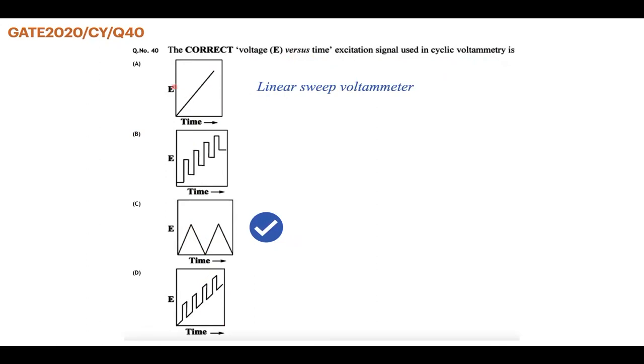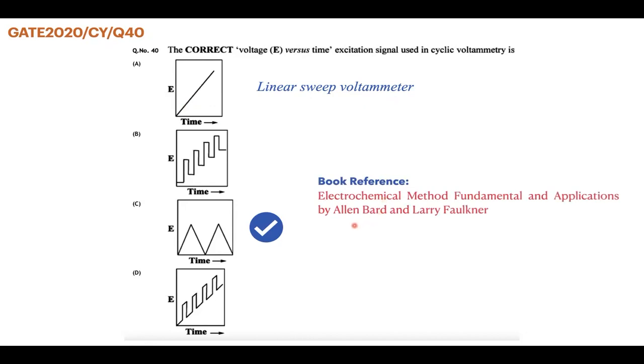For example, option A is just the potential used in a linear sweep voltammetry.